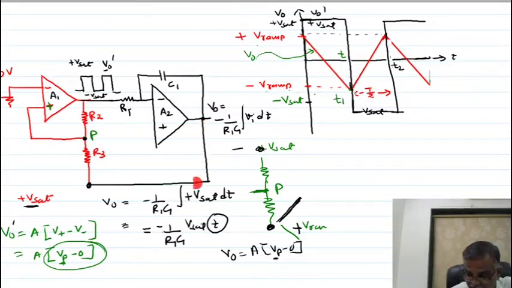This negative going ramp is coming to this point, so the potential at this point changes. Initially the potential at this point was plus, and now you are getting minus. The negative going ramp continuously decreases.